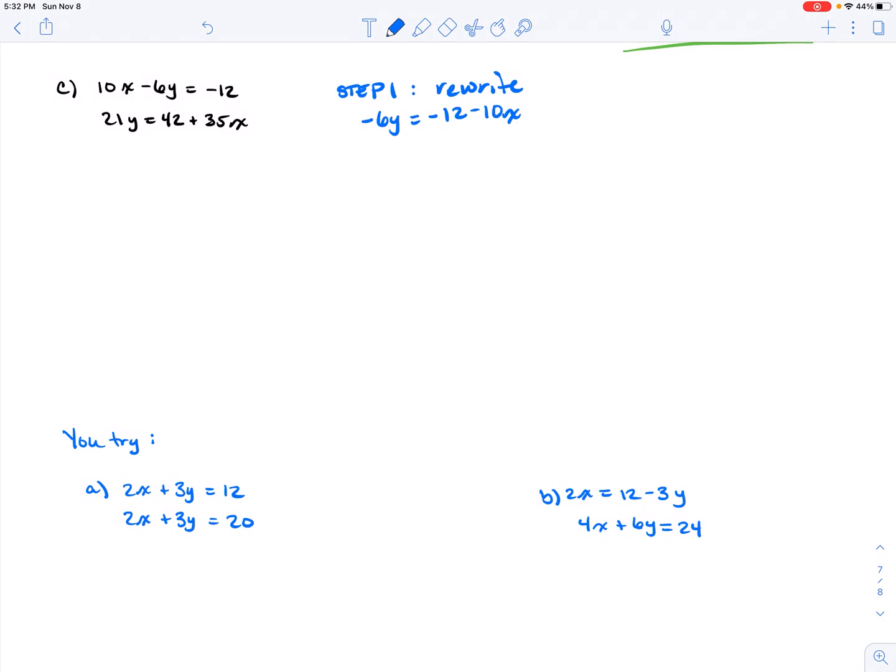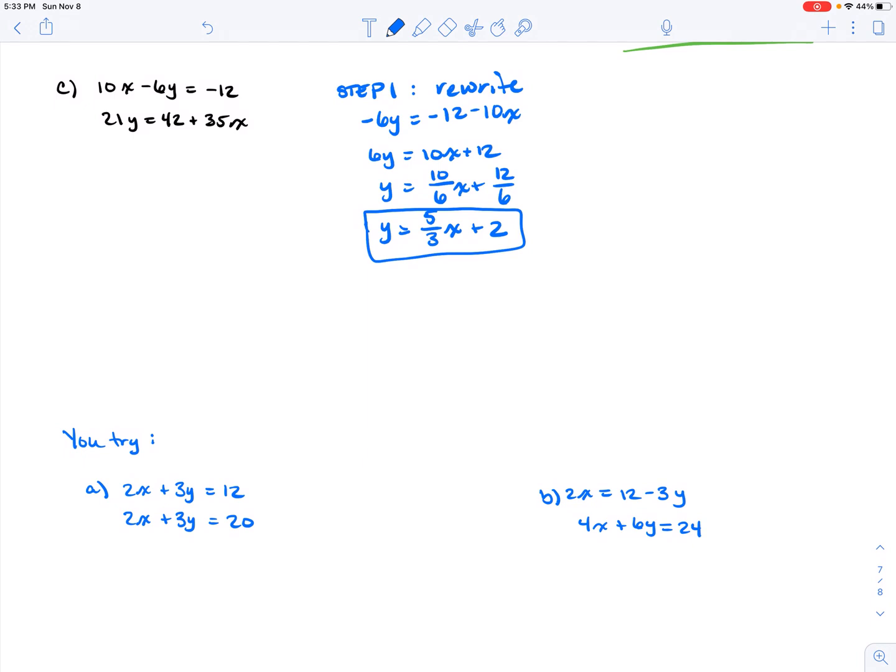So what does that give me? I'm going to switch everything to positive, so I'm going to multiply everything across, left and right sides, by minus 1. So I have 6y equals 10x plus 12, y equals 10 over 6x plus 12 over 6. So y equals 5/3 x plus 2. So there's the first equation.